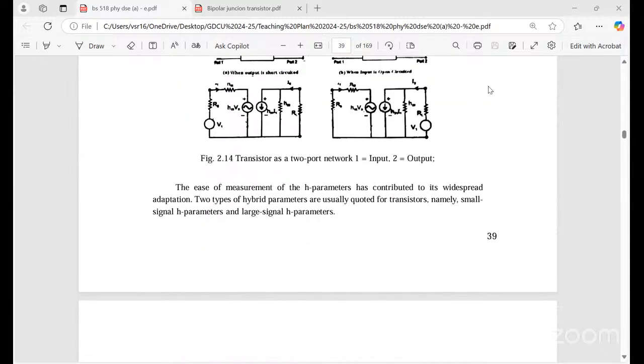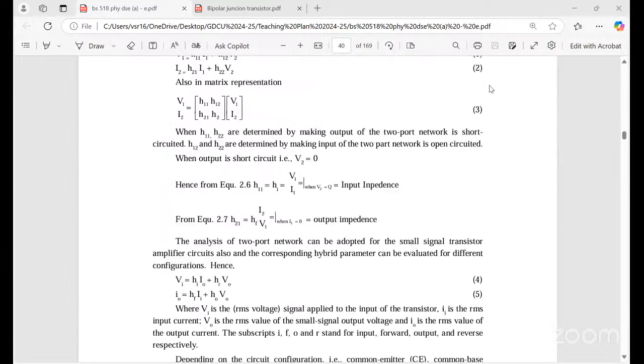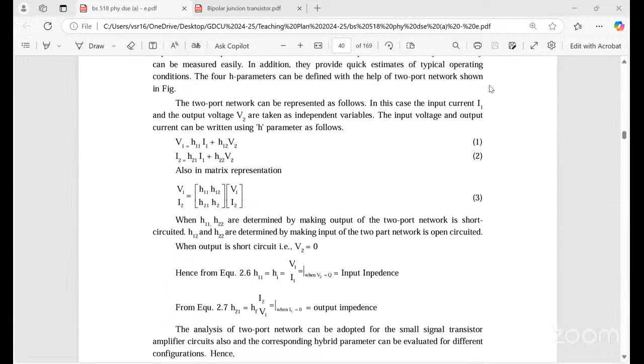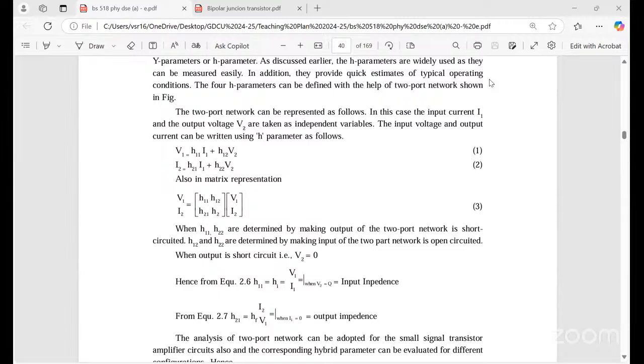These are the hybrid circuits. So this is very, very important. What are the input and output currents here? So how are you going to represent the matrix representation?